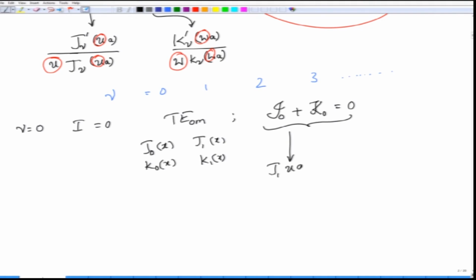That would turn out to be J1 UA divided by U J0 of UA plus the K0 term, K1 WA divided by W K0 W times A. So, this entire thing must be equal to 0.